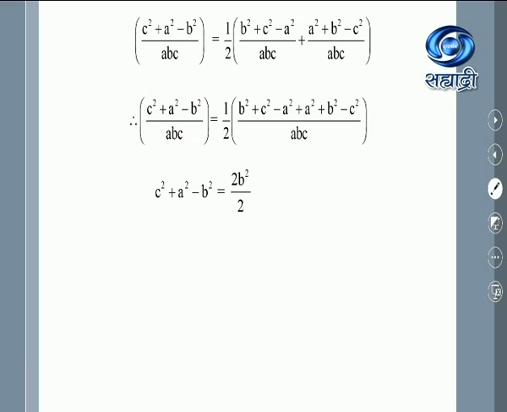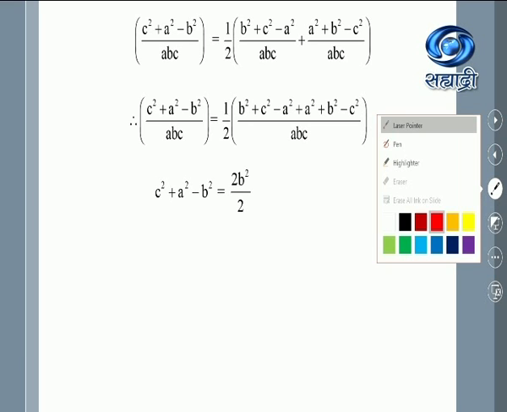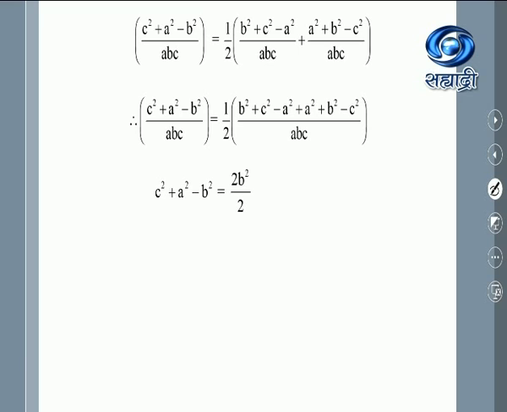If we cancel ABC from both the sides, we are left with C square plus A square minus B square is equal to, see how many terms get cancelled in RHS: B square and B square is 2B square we got, plus C square and minus C square get cancelled, plus A square and minus A square also get cancelled. And this common denominator we already cancelled.